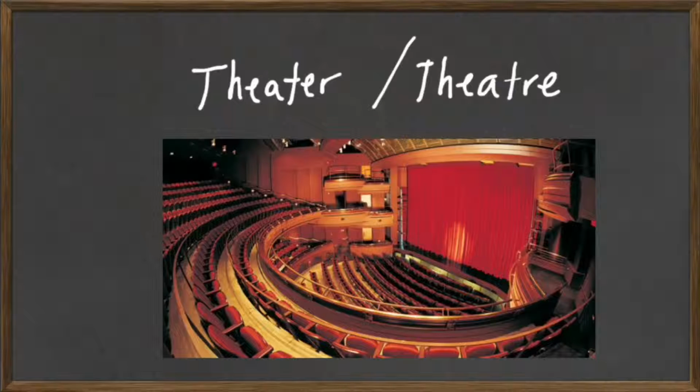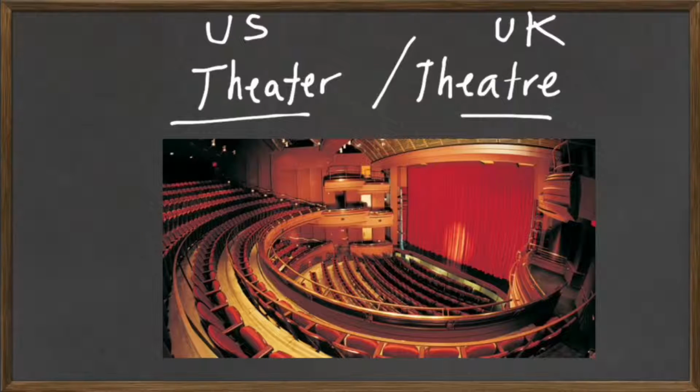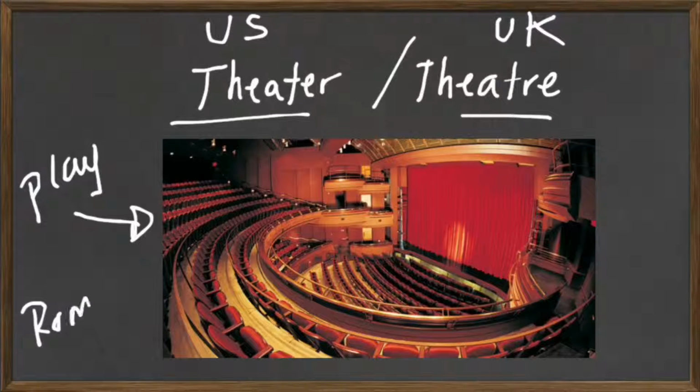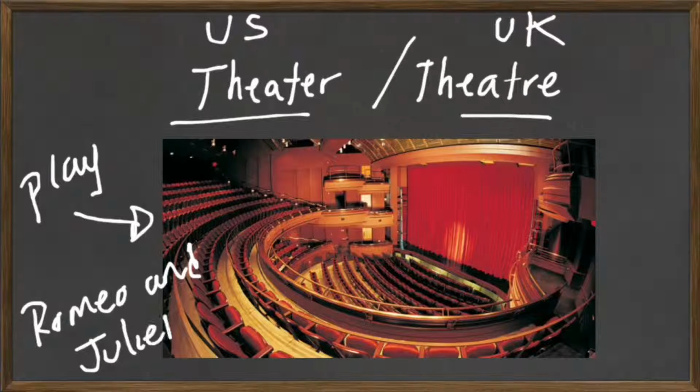The next one I wrote in two parts because there's a difference between American and British. If we're talking about a place where you can watch a play, such as Romeo and Juliet, this place is called theater.